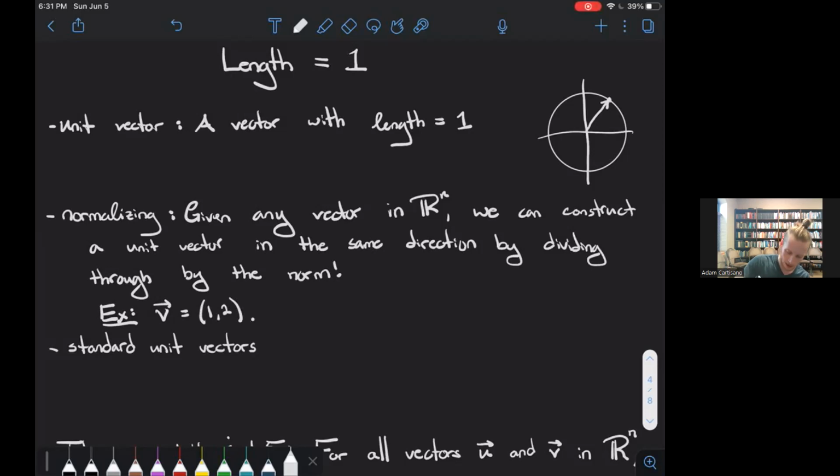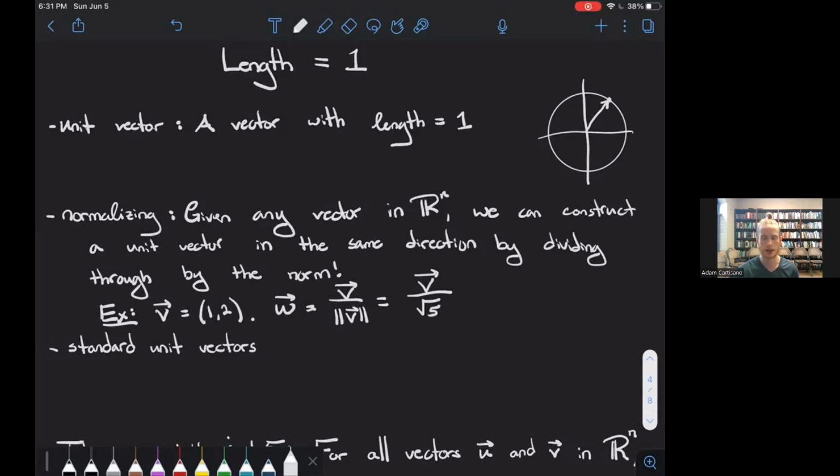Then let's let w be v divided by the norm of v. The norm of v, I'll just write it here. It's v divided by 1 squared plus 2 squared under a radical, which is root 5. You can also say v divided by the square root of 5 is just v times 1 over root 5.